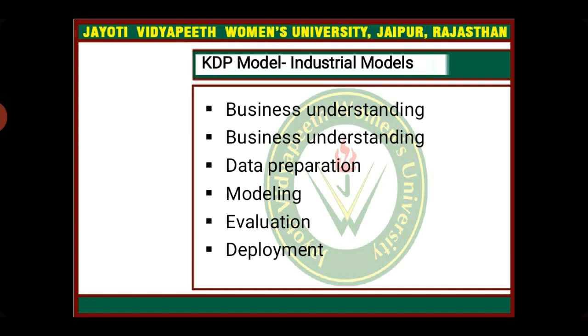It also converts these into a data mining problem definition and designs a preliminary project plan to achieve the objectives. It is further broken into several sub-steps, namely determination of business objectives, assessment of the situation, determination of data mining goals, and generation of a project plan.